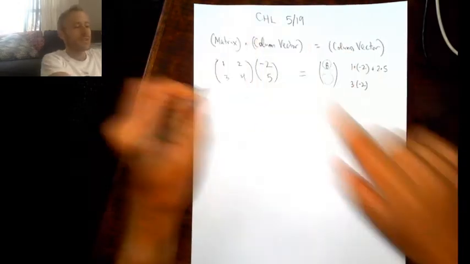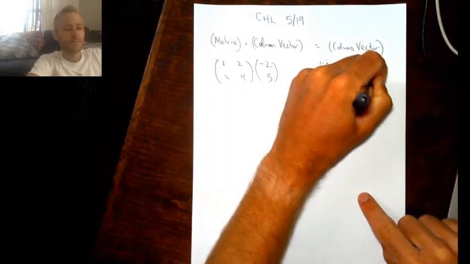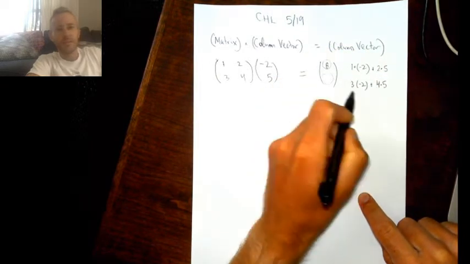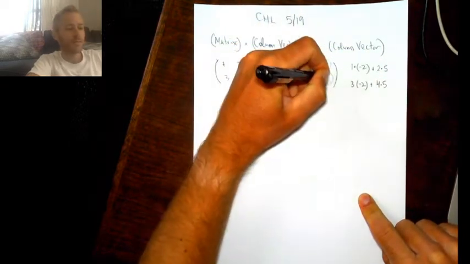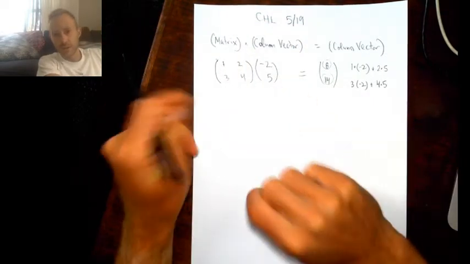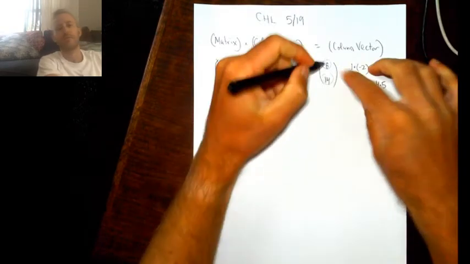Second number times second number is 4 times 5. So we have 20 minus 6, which is 14. So the product of this matrix with this column vector is the column vector 8, 14.